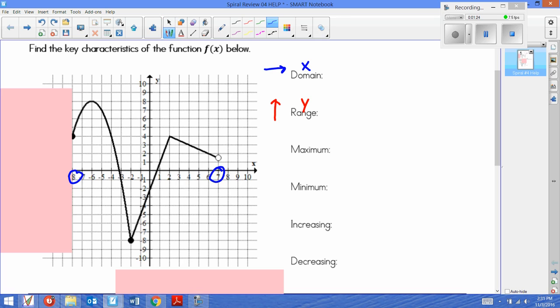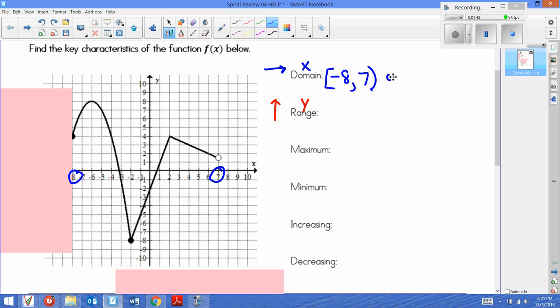So our smallest point here is -8, and as you can see, it's a filled-in point, so it is included. So this ranges from -8 all the way up to 7, but it's not included because it's open. So we're going to show that as an open bracket.